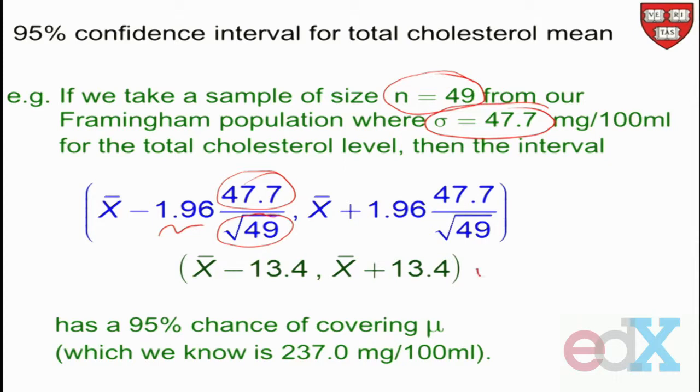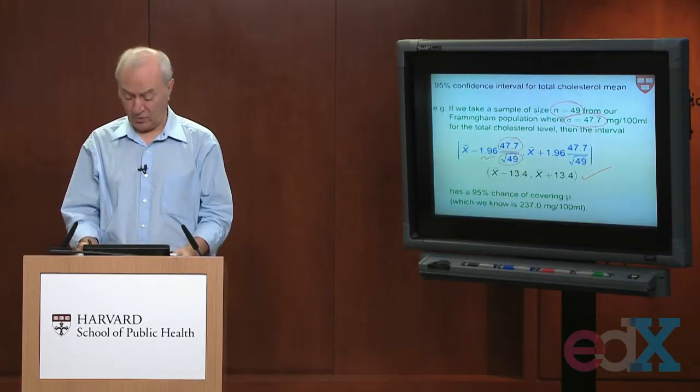And what we get is x bar minus 13.4, x bar plus 13.4. Whatever your x bar is, when you take a sample of size 49, subtract 13.4 from your x bar, add 13.4 to your x bar, thus creating an interval, then that interval has a 95% chance of covering the true mean.